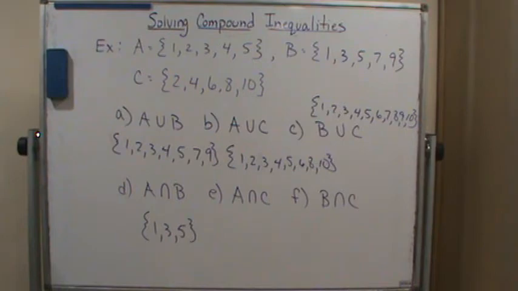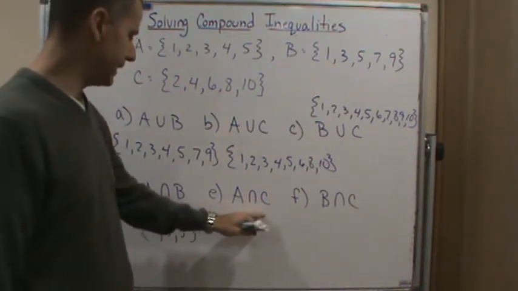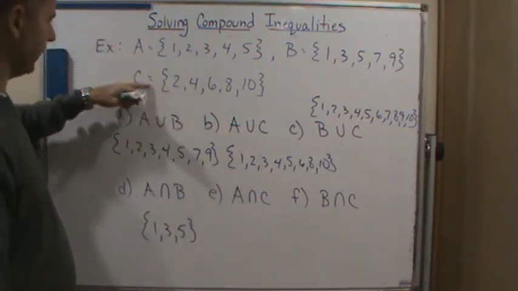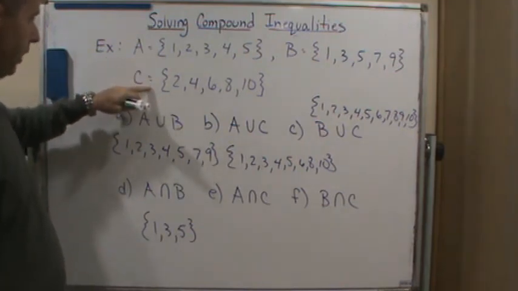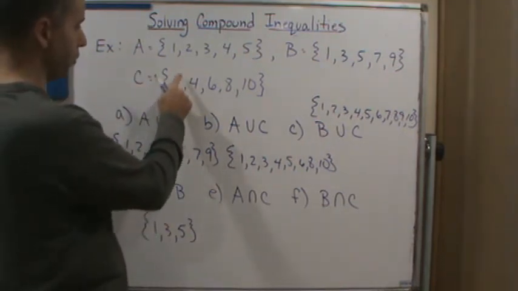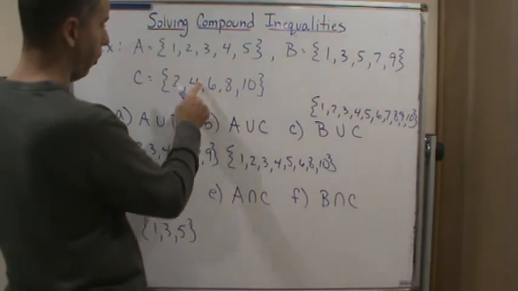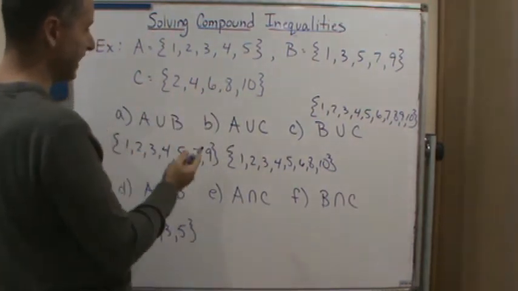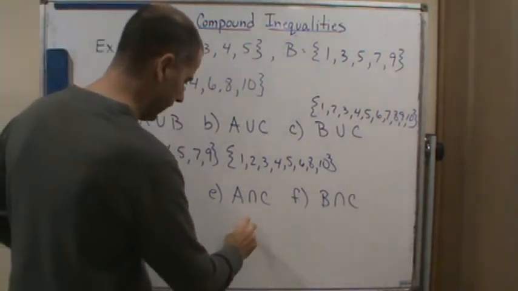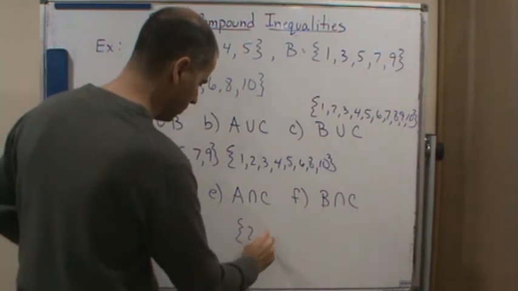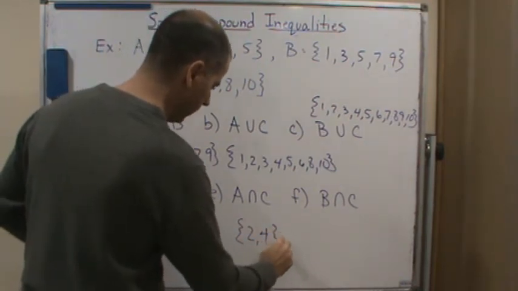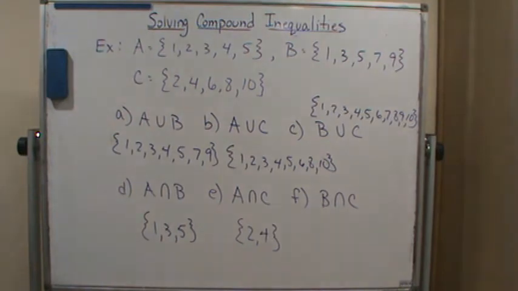Okay, now, what about the intersection of A and C? Well, now we want only what's in both of these. What's in both? Well, 2, 4, and that's it. So the intersection of A and C is just going to be 2 and 4. Okay.